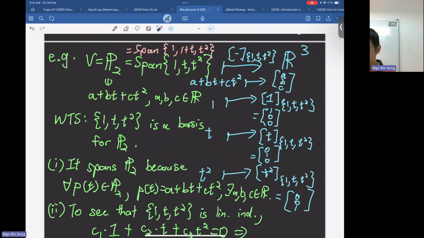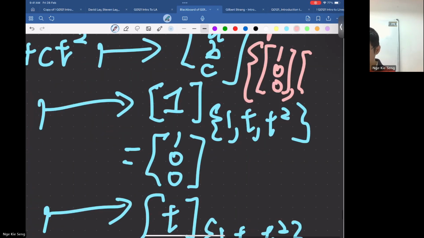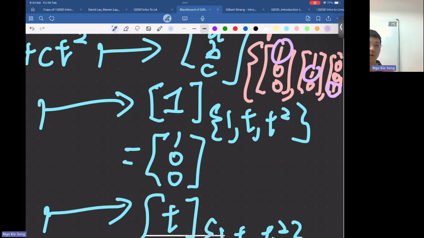And this also forms a basis of R3. So 1, 0, 0, 1, 1, 0, and 0, 0, 1. Can you quickly see that this forms a basis? Because you have a pivot in every column and every row.